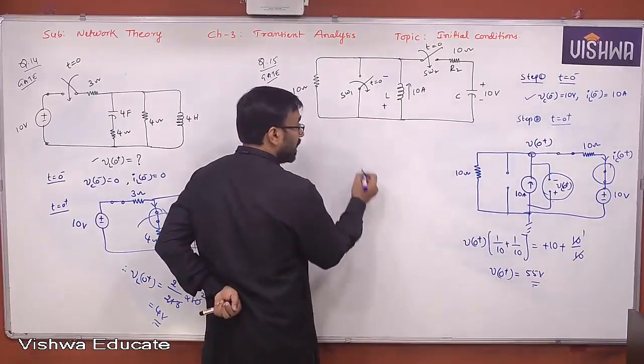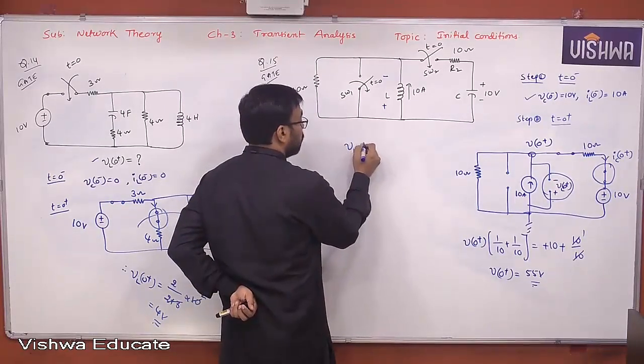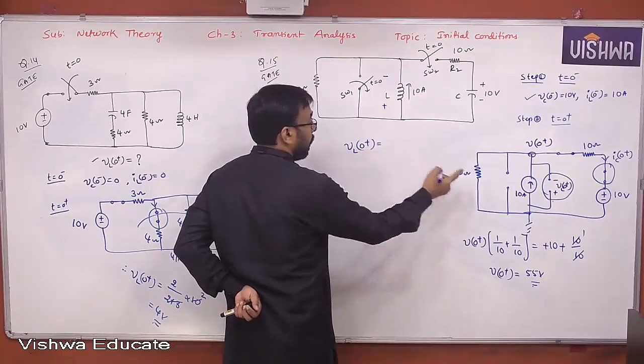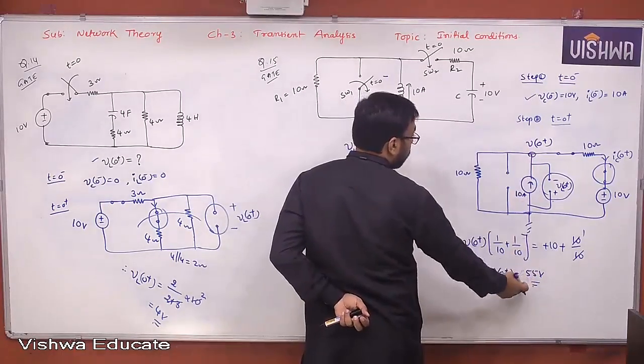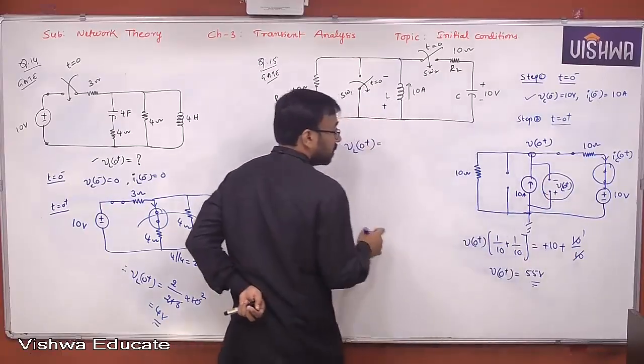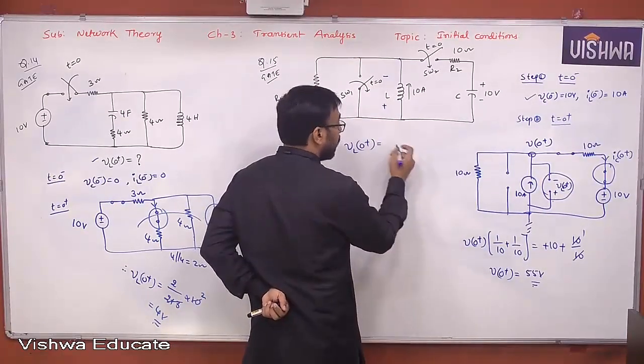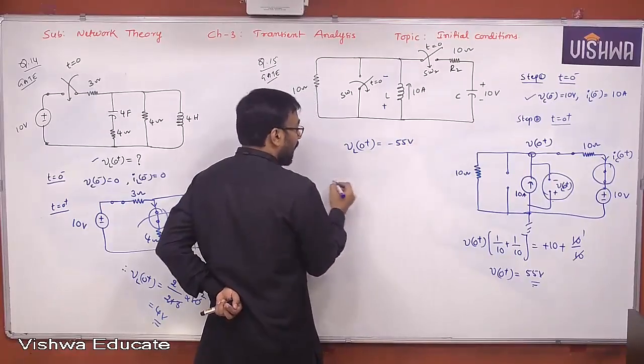So what is VL of 0 plus? V of 0 plus is 55, but VL of 0 plus you get here is minus 55 volts. Now what about IC of 0 plus?